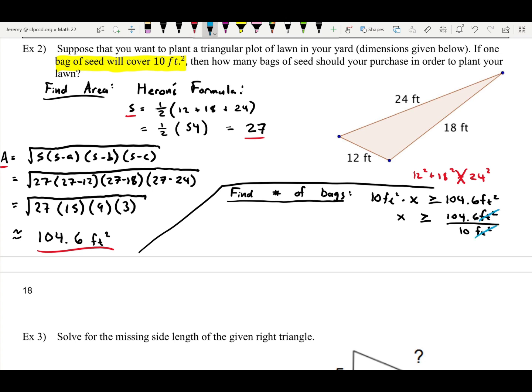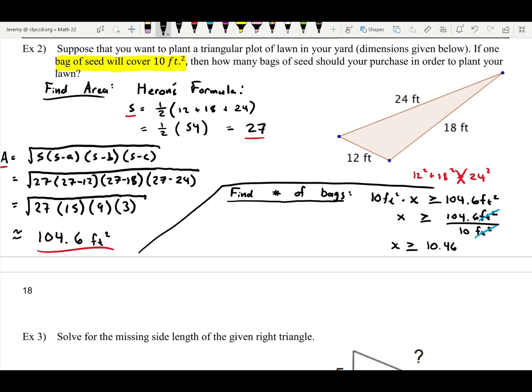Feet squared cancel with feet squared, right? Because anything divided by itself is 1. X has to be greater than or equal to, and then simplifying the numerical division here, 10.46.